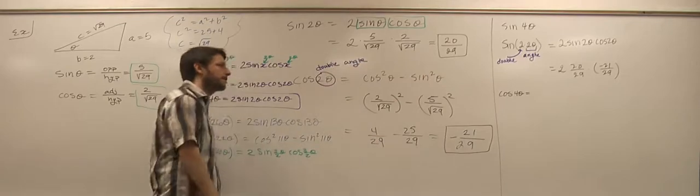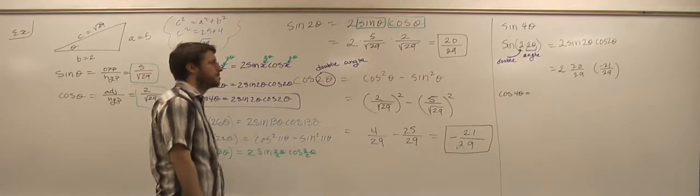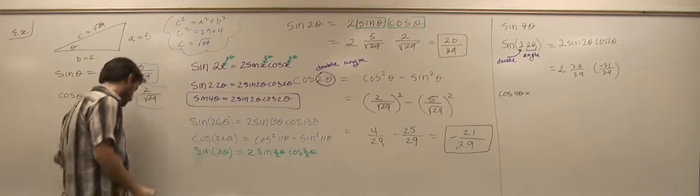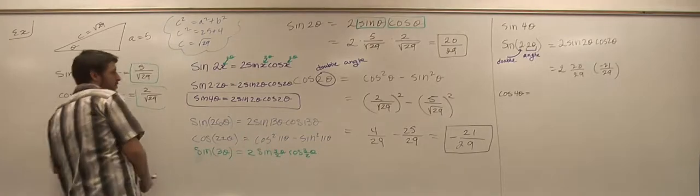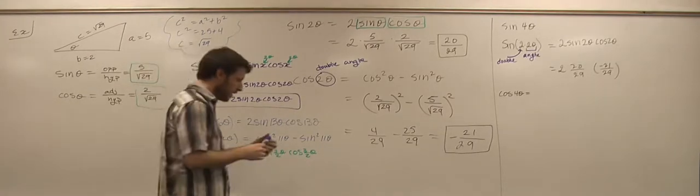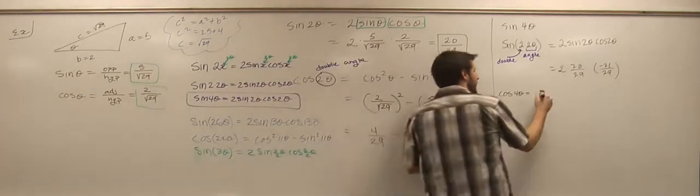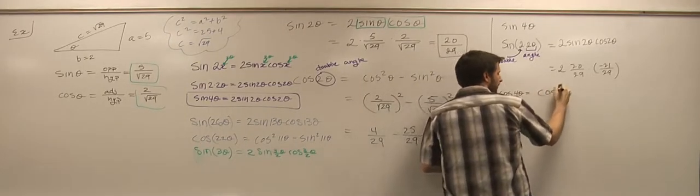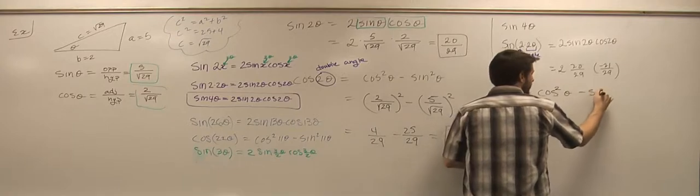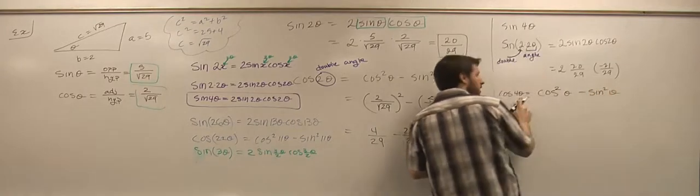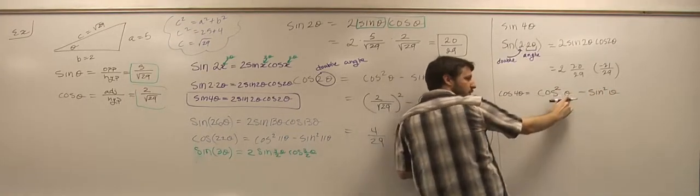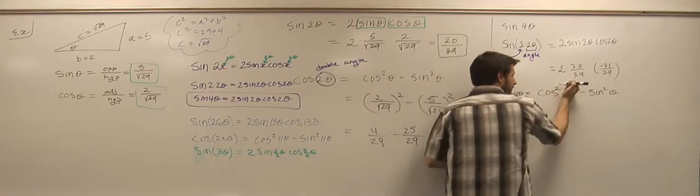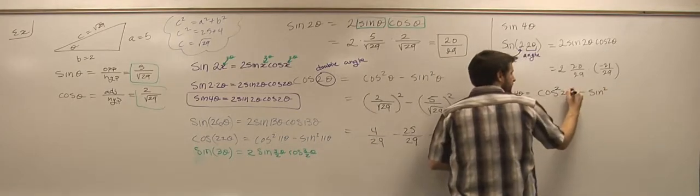What would cos of 4 theta be here? Yeah, so the formula for cosine of a double angle is usually cosine squared theta minus sine squared theta. But I don't have 2 theta, so this isn't going to work. I have 4 theta, which means these get doubled.